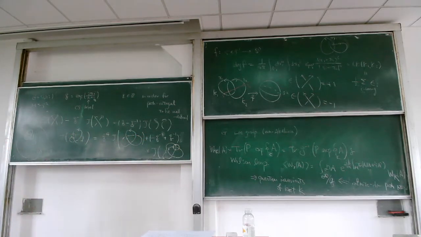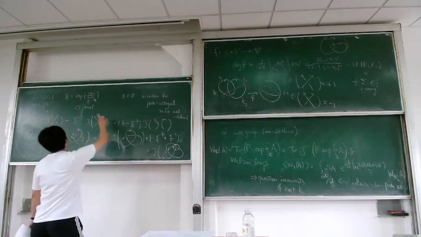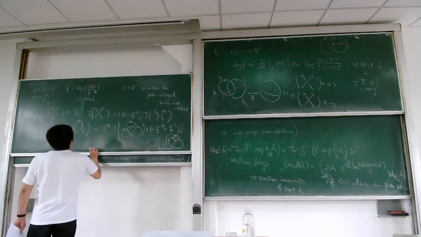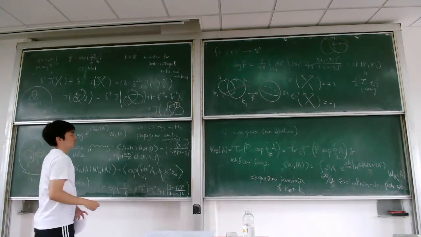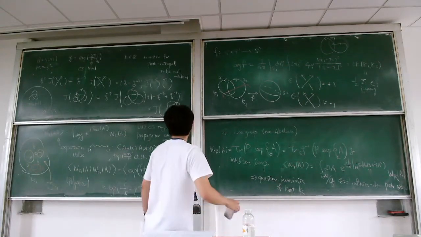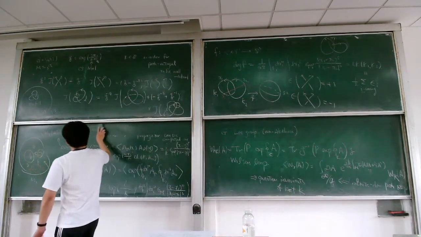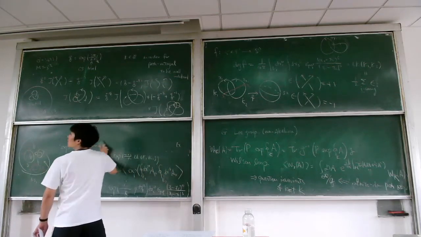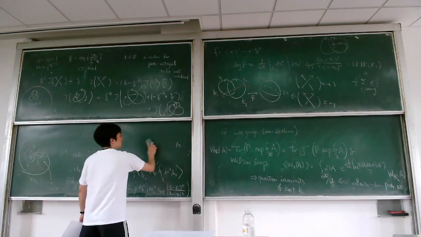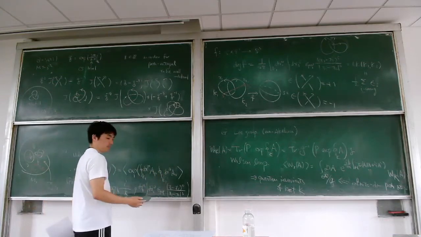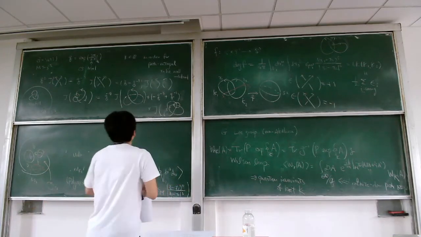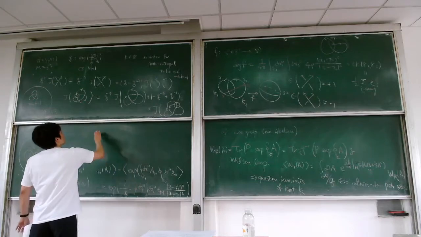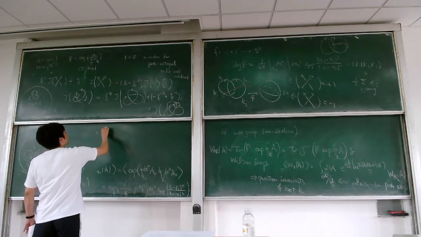So this one also looks very similar to this guy. So let's do another exercise. And this one is equal to q to the minus 4.